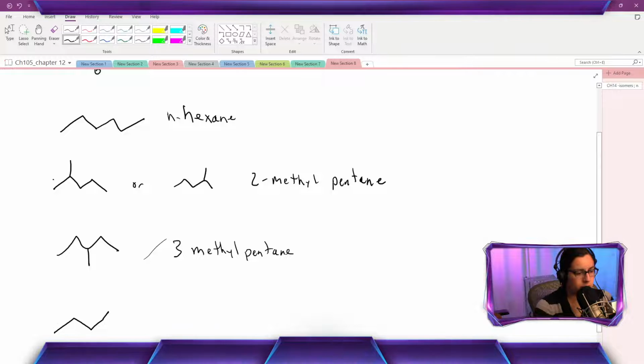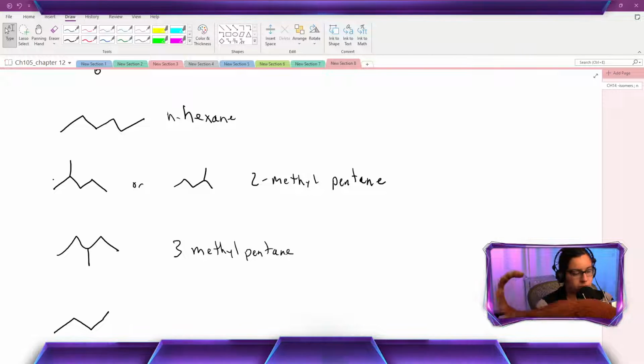So where else can you put those other carbons? It's 2 possibilities.